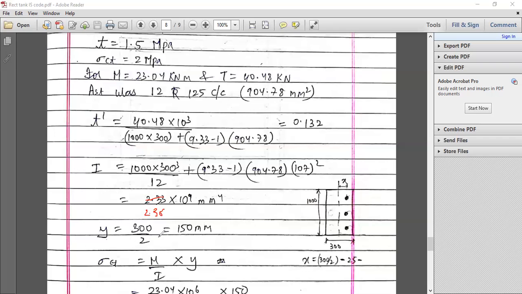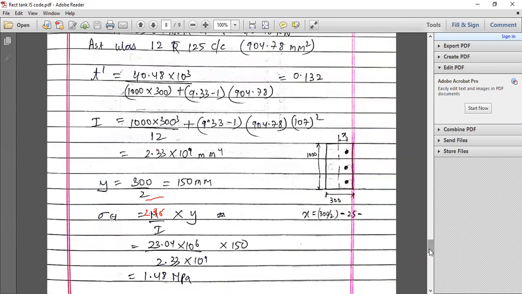Now y is nothing but 300 by 2, 150. So now find out sigma ct, which is nothing but m upon I into y. So what is the value of sigma ct? 1.46.